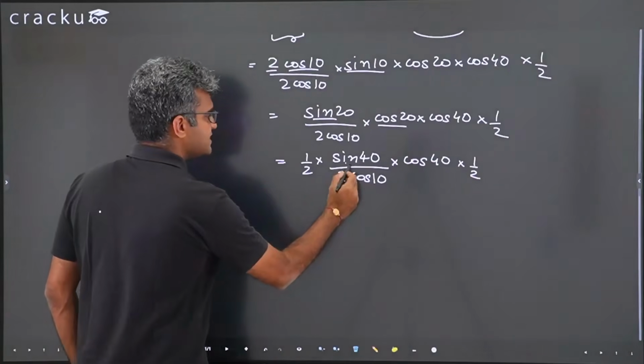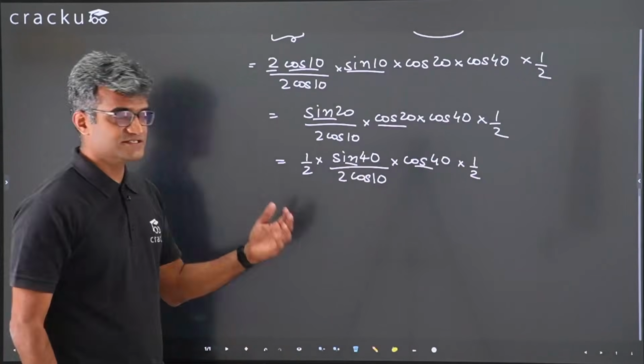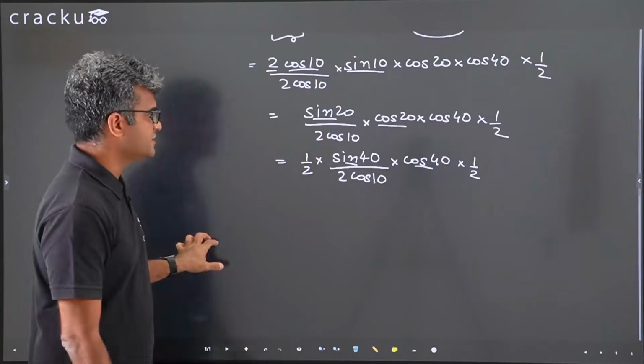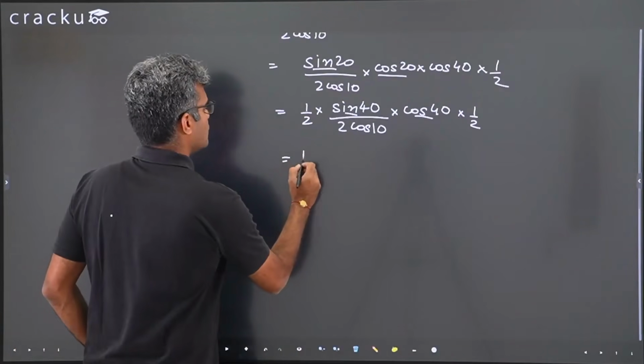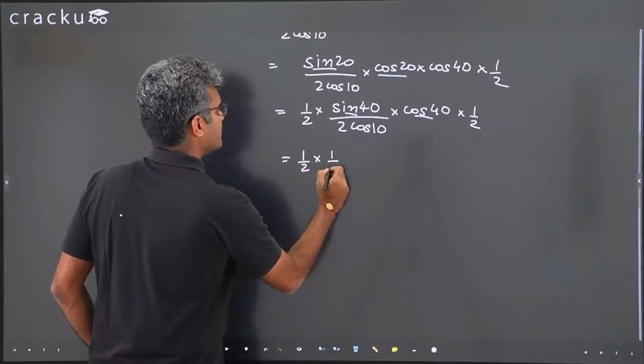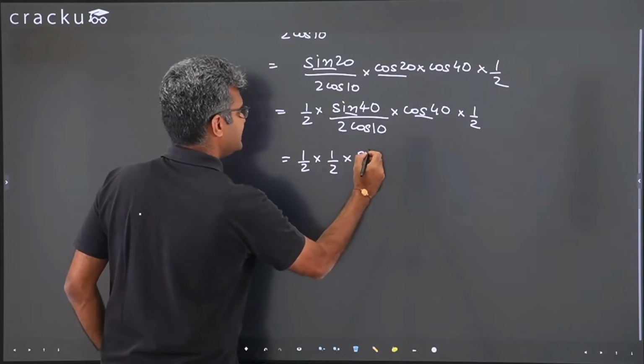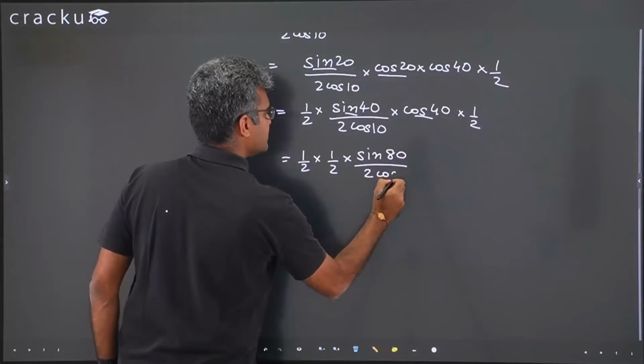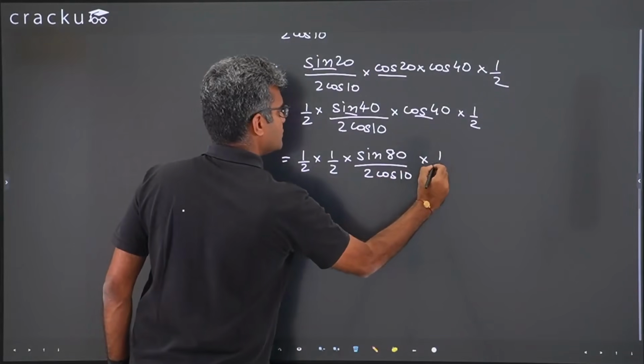Again I am looking at sine 40 into cos 40. Again this is of the form sine 2a, which is equal to 2 times sine a into cos a. So again this will be equal to 1 by 2 into 1 by 2 into sine 80 divided by 2 times cos 10 into 1 by 2.